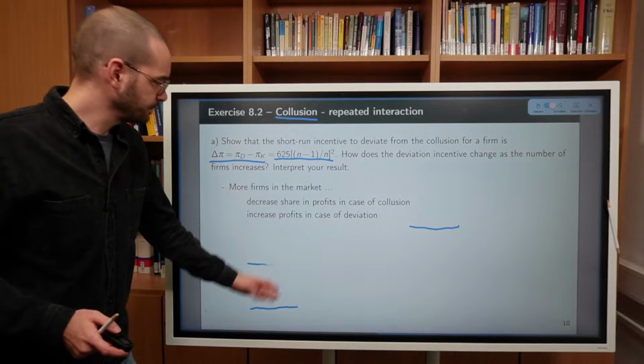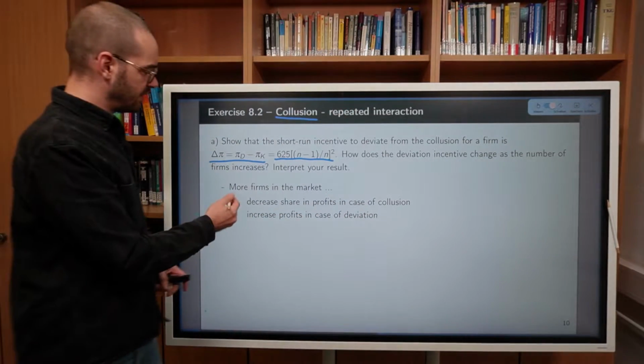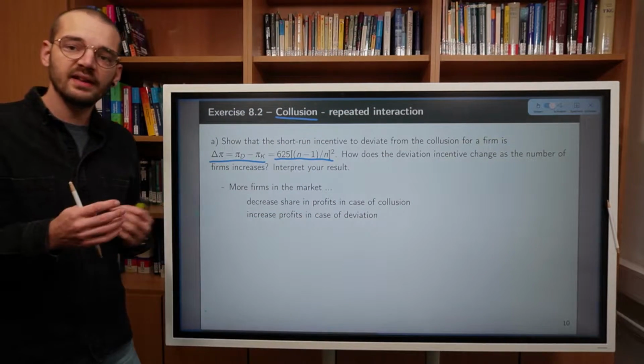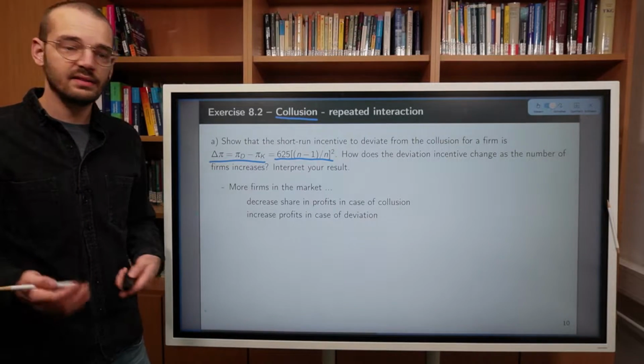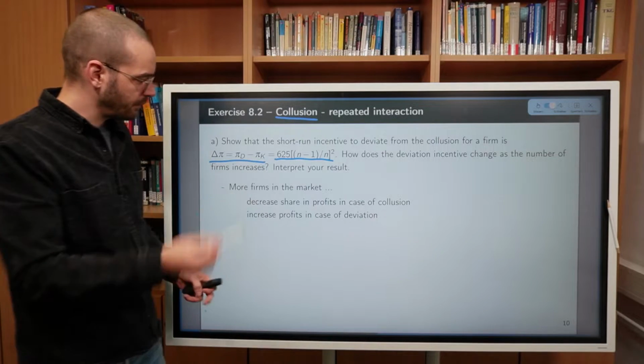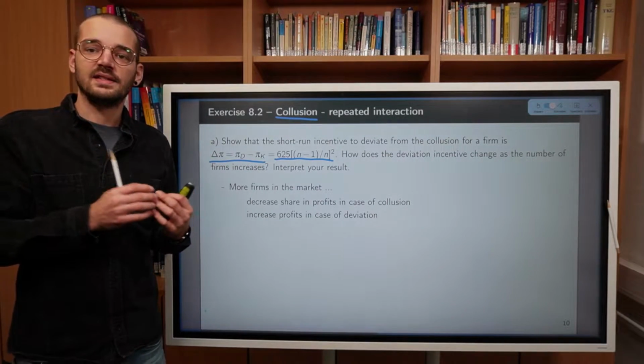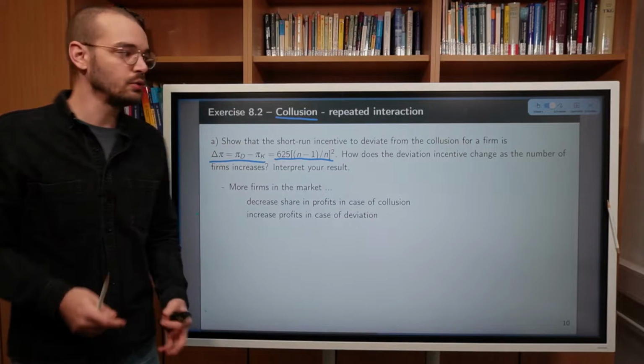All right, so why is this true? There are two mechanisms behind this, driving this result. The first part is that each individual firm has a decreased profit under collusion.